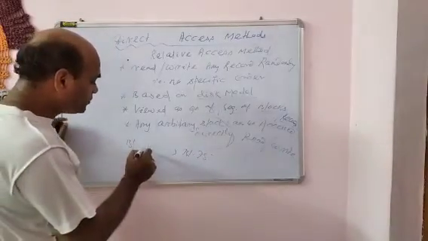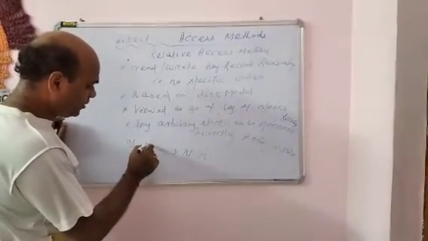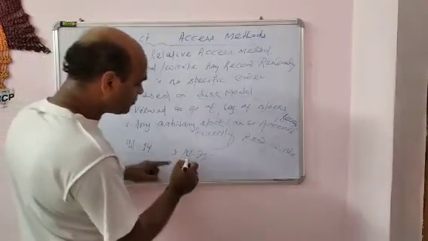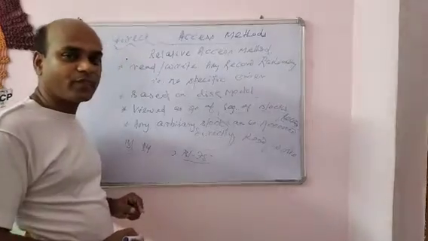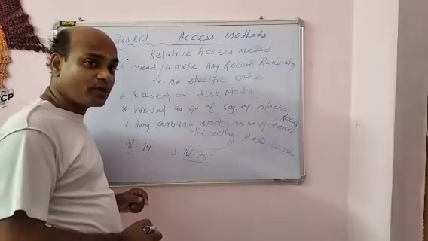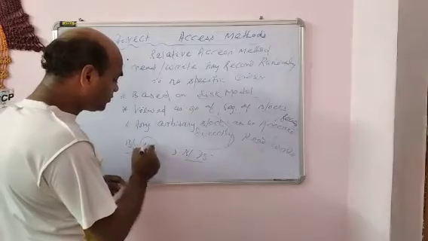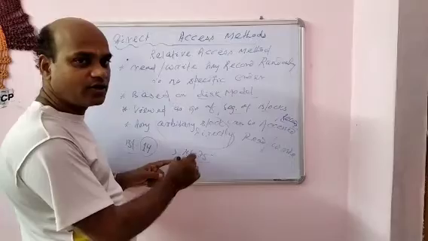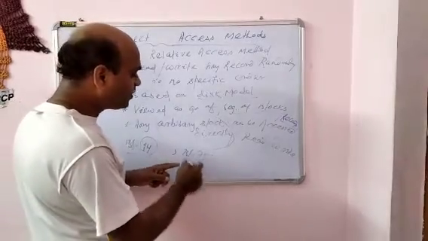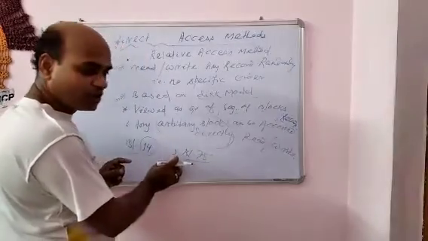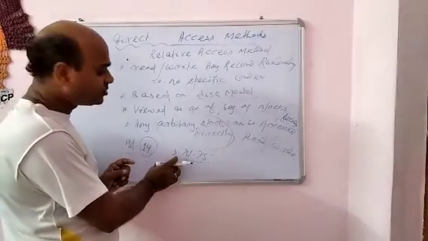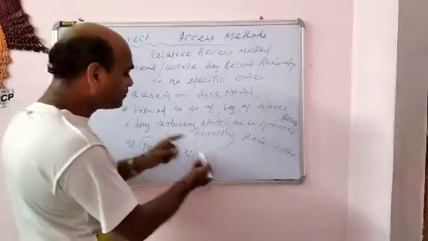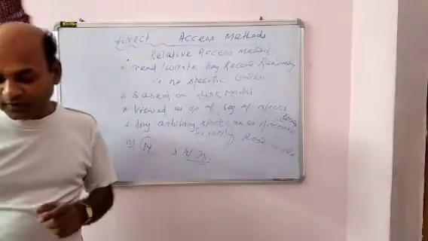But in case of sequential file, what happens? Whenever we are at 14, we have to traverse 15, 16, 17, 18 up to 74. Then after traversing all these records, we will reach record number 75. But here, directly you can move to block number 75.